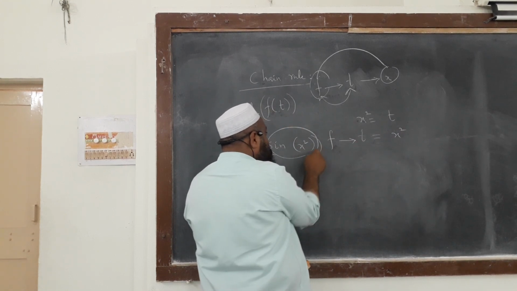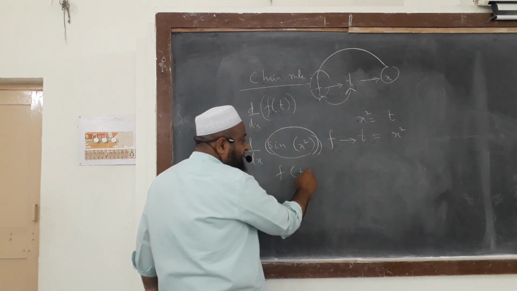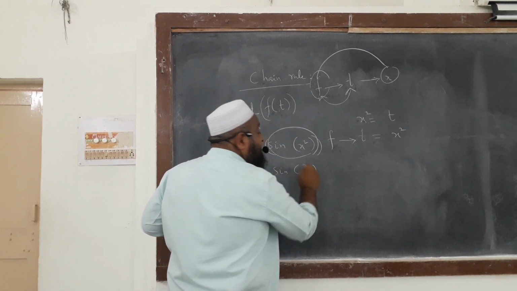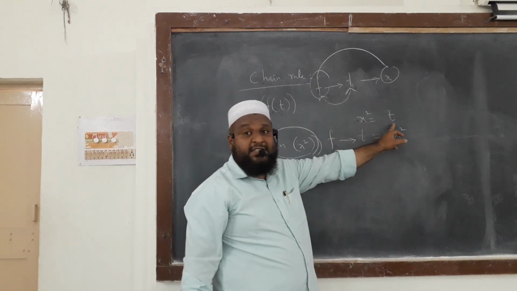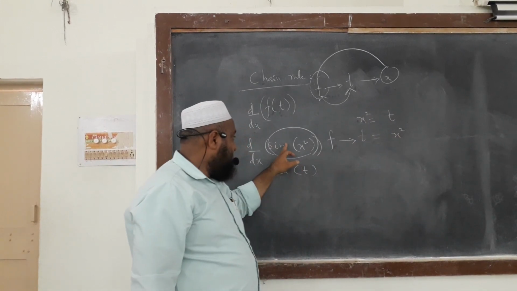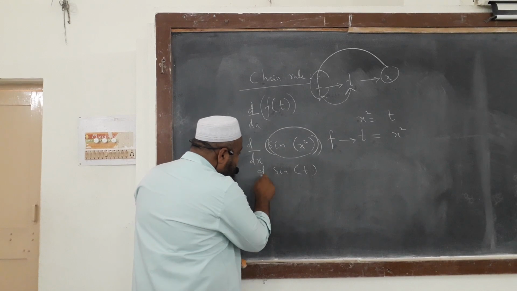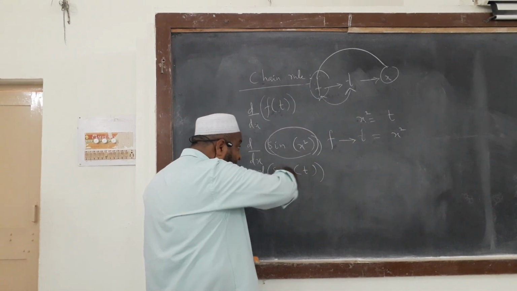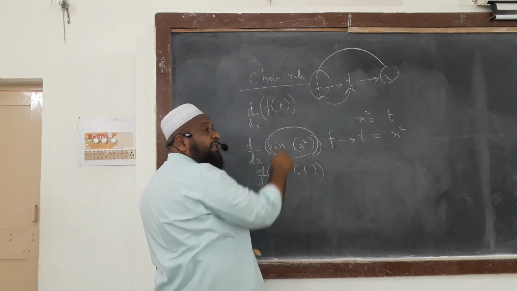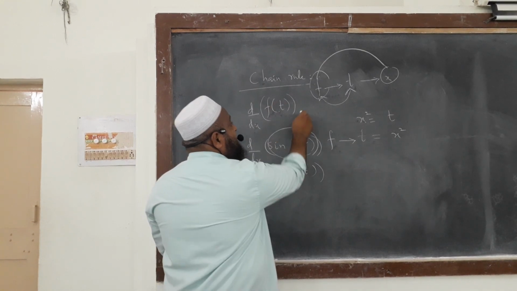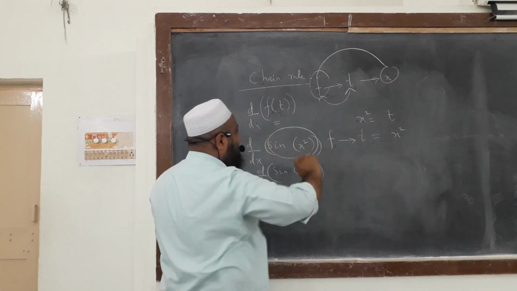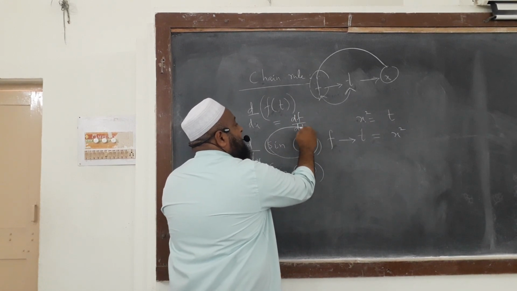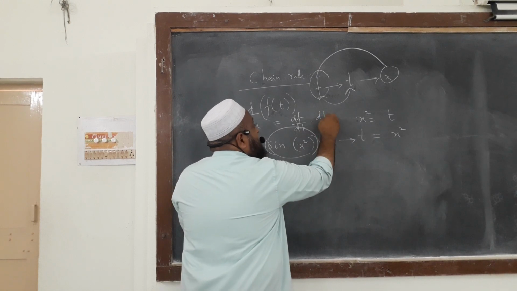This complete is like f of t, or I will write it as sine of t. By taking x square as t, this becomes sine t. I am doing the differentiation of this sine t with respect to x. So this is f of t. What should I do then? What is the rule? I missed writing this one. Oh, very good. df by dt into dt by dx.